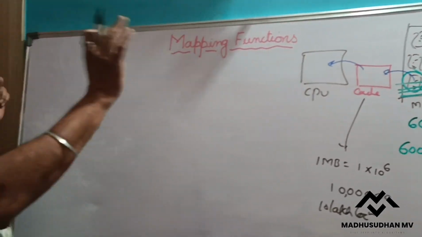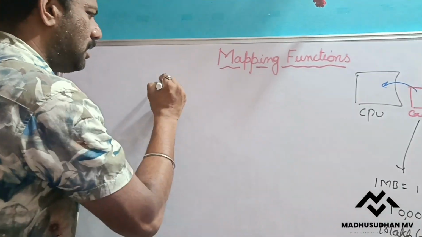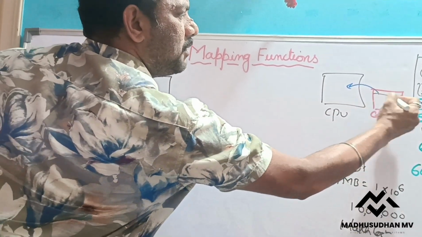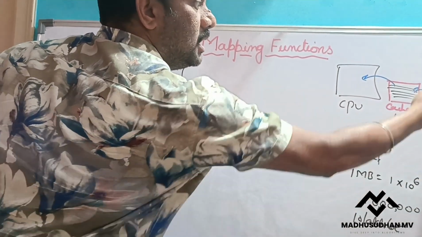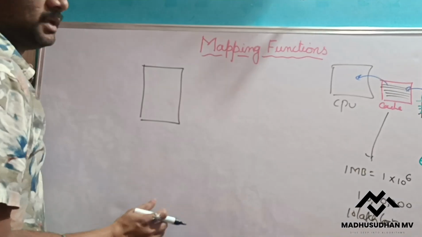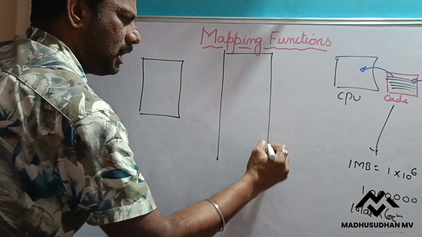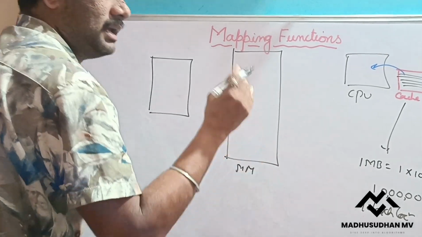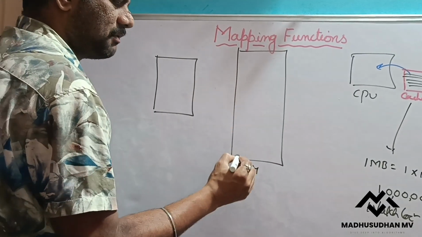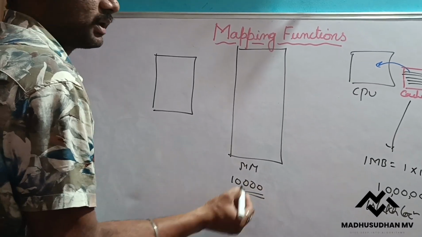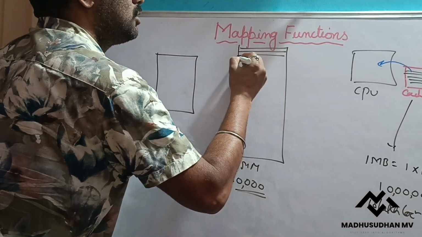See that much huge difference: 10 lakh locations in the cache and 600 crore locations here. Now let us take an example. This is my main memory, and let us say it has 10,000 locations, numbered 0, 1, 2, up to the last one, 9,999. That is 10,000 locations in total.